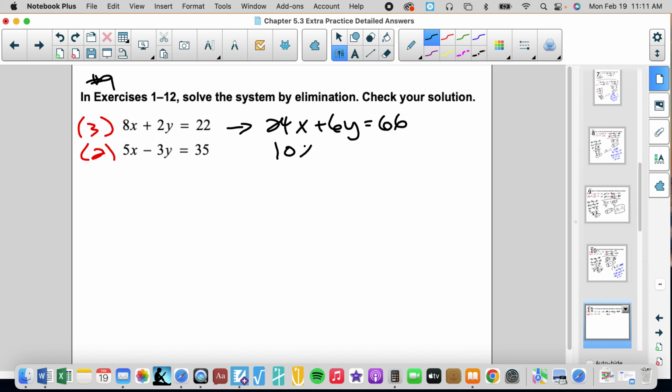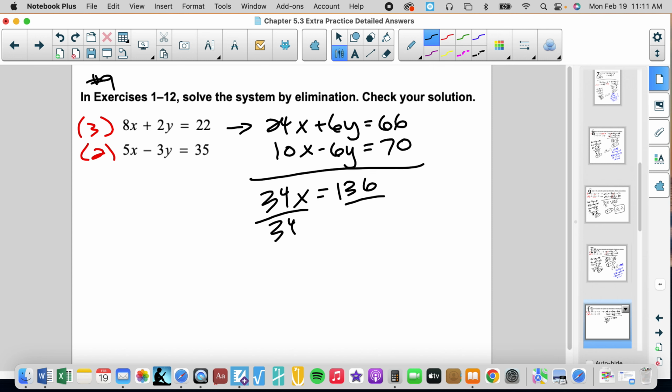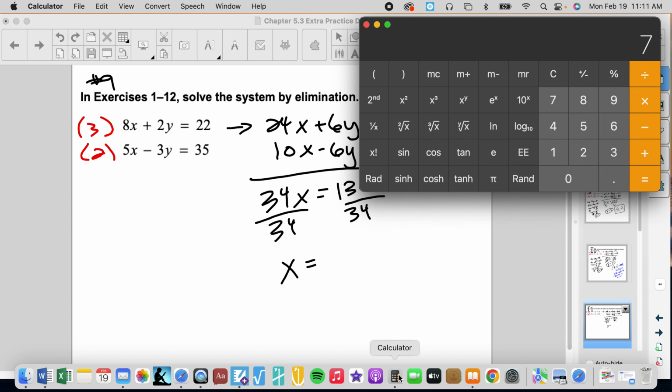We get 10x minus 6y equals 70. 34x equals 136. 136 divided by 34 gives you 4.